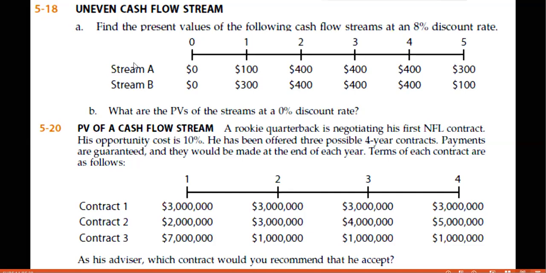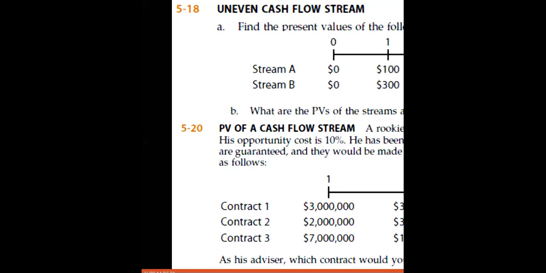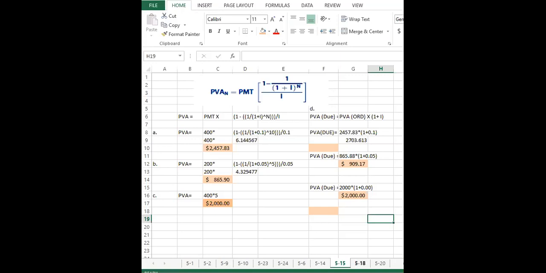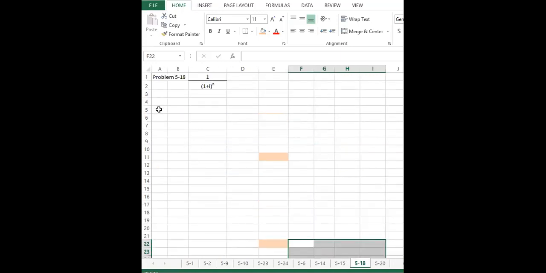We have two different streams, or you can say we have two different alternatives or two different projects. Time period is 5 years, and there are two streams: A, 100, 400, 400, 400 and $300. Stream B includes 300, 400, 400, 400 and $100. So we are going to solve it right now. Okay, class.